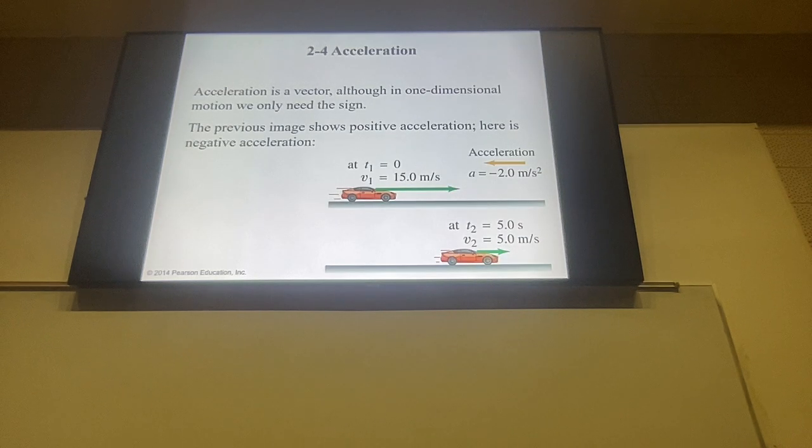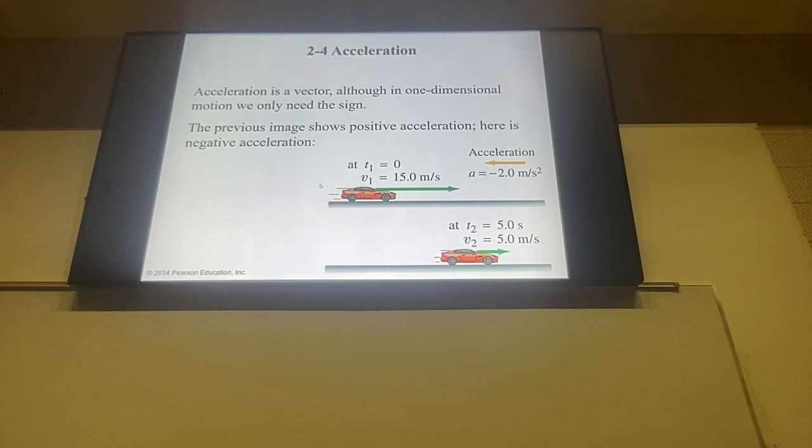And so just like velocity is a vector, what a vector means is you must specify the direction. If you don't specify the direction, then it's meaningless.